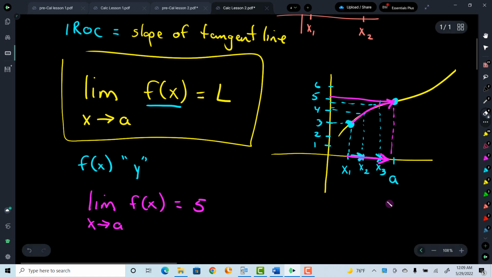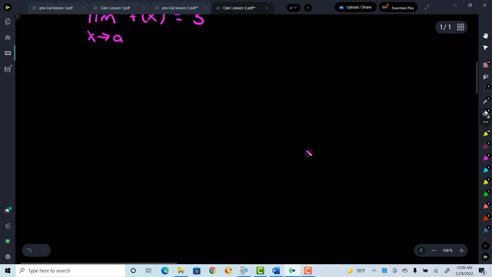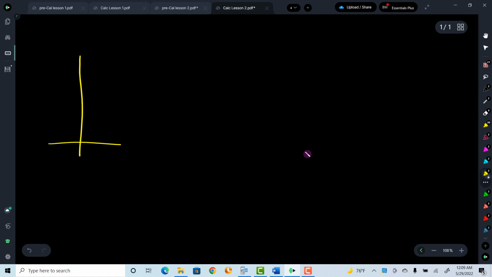Okay, so let's look at a couple examples, and I think it'll be a little more clear as we do that. Okay, so I'm just going to sketch a couple graphs here. Let's see, let's make it a little bit more interesting. Let's do this.